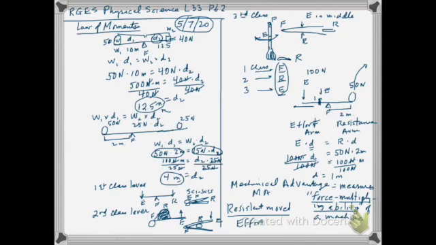In this case, 50 newtons. It's a mechanical advantage. 50 is my resistance that was moved. I'm going to divide that by the effort, and of course the effort was 100 newtons. So 50 divided by 100 is 1/2, right? That's going to be the mechanical advantage of 1/2.